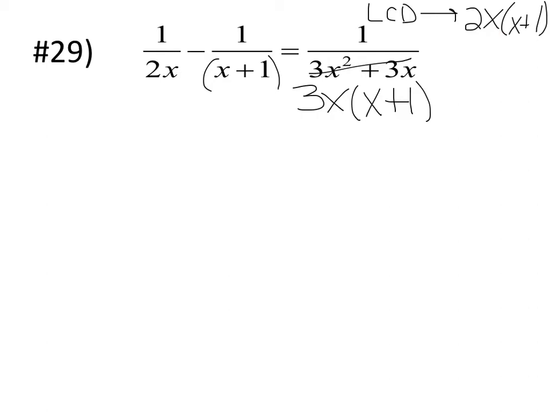I already have an x, but I only have a 2. So we need to change that 2 to a 6, because that represents the 2 and the 3. And you already have an x, and you already have an x plus 1. So your LCD is 6x times x plus 1. So that gets multiplied by every piece.